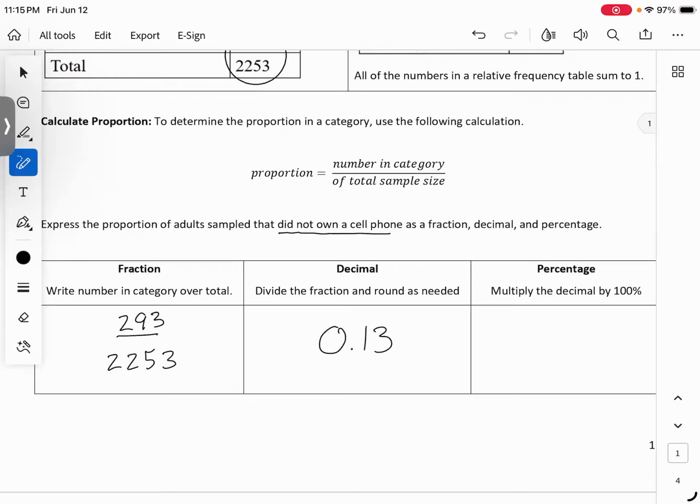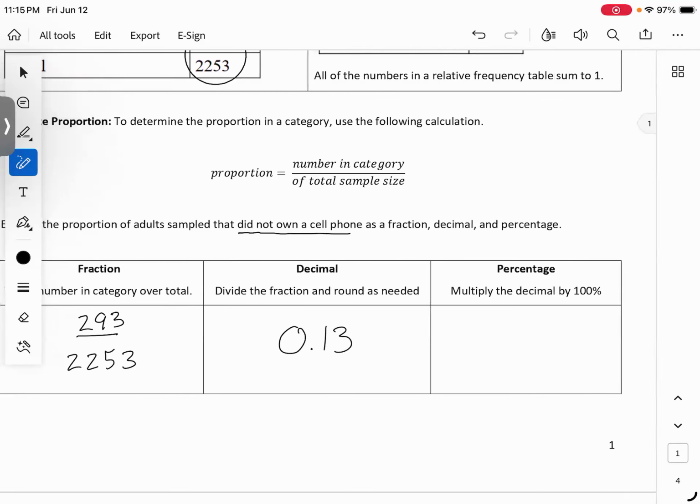Just know that the primary versions of proportions that we're going to be using are the fraction version and the decimal version. Percentages, it's up to you if you want to write them as the percent value, but if you did, remember the usual is to move your decimal two places to the right or multiply by 100%. But there you go. All three versions of those who did not have a cell phone.